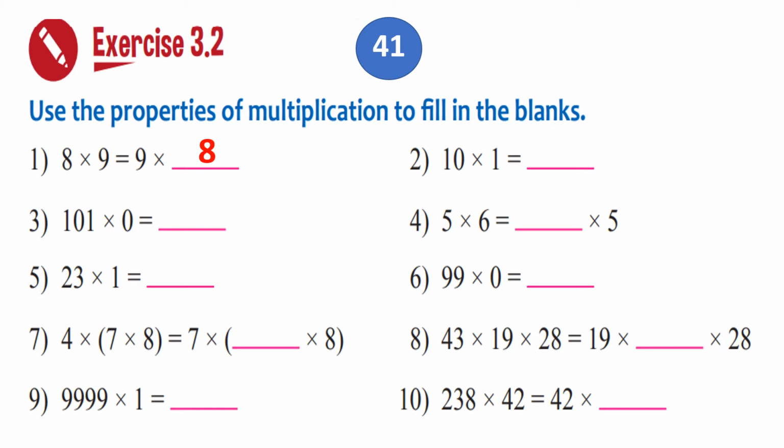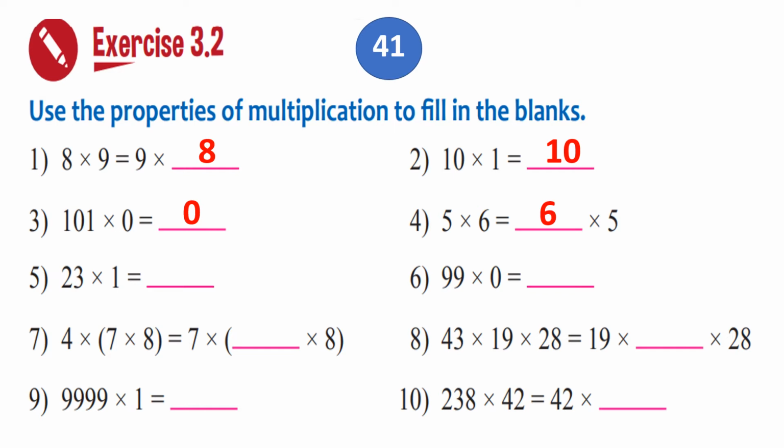Number 2. 10 times 1 equals 10. Number 3. 101 times 0 is 0. Number 4. 5 times 6 equals what number times 5? The missing number here is 6. Correct, students?